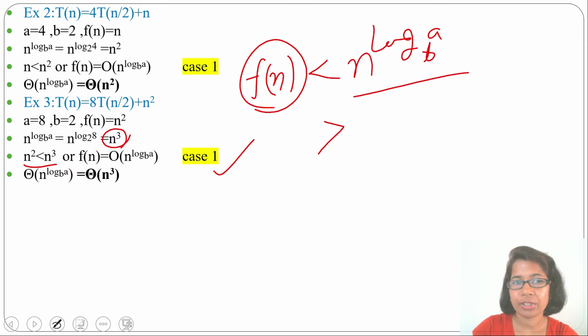Just remember, whichever is higher from n power log a base b or f(n) will be our running time according to case 1 and case 3. Case 2 is about equality. If the function and n power log a base b log n power k are equal, then we'll consider case 2.